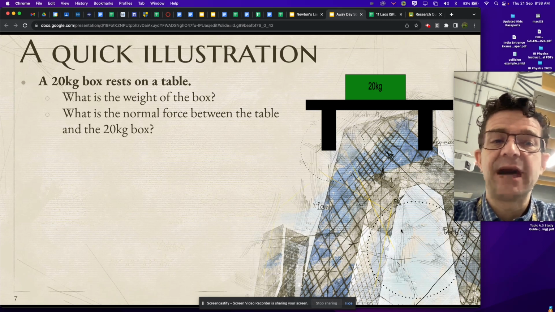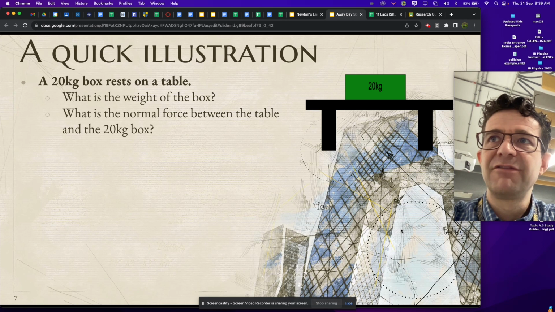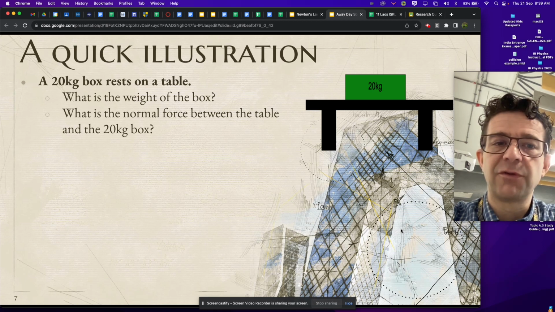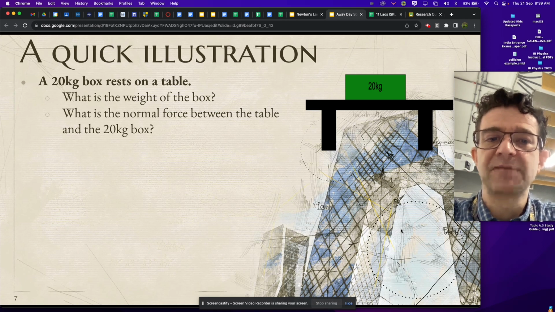And then we can calculate the weight of the box, which would be the acceleration due to gravity times that mass of 20 kilograms. We'll usually estimate g as 10 for work that we're doing quickly, so you have 200 newtons down. And you don't know what the normal force is. However, we do know that the acceleration of the box is 0 because it remains at rest.